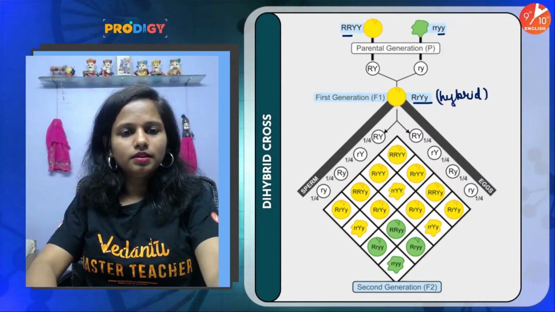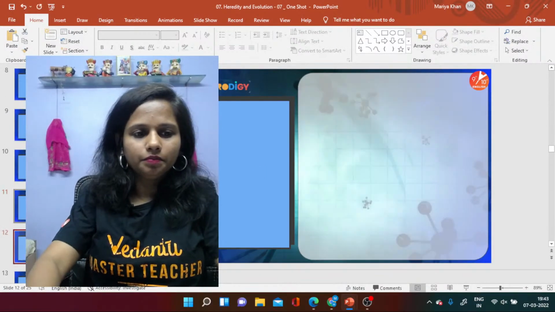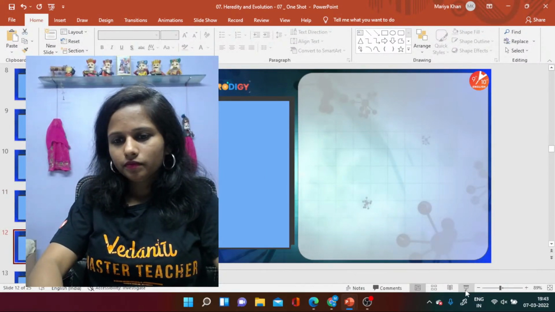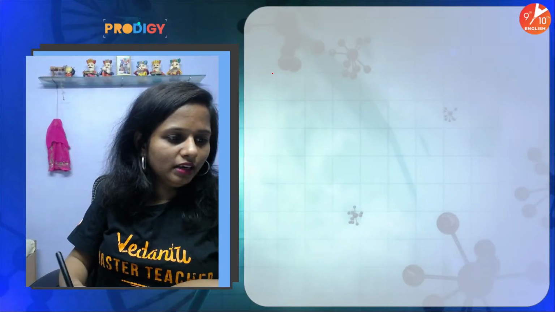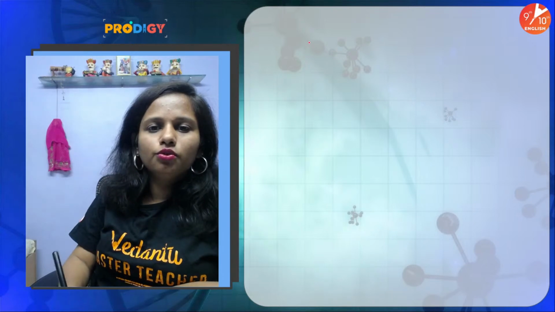Let's write down those 4 phenotypes. No, we can't write it this way, small t followed by capital T, because we always write the dominant allele first followed by the recessive.